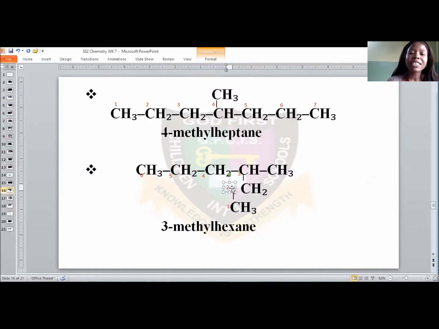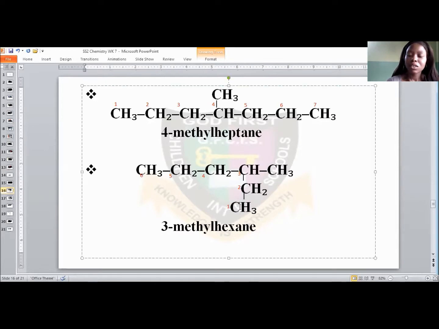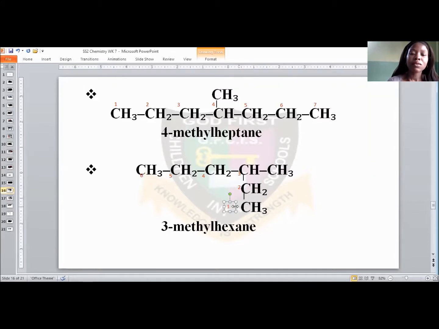The proper thing is that the carbon must be attached to carbon, not anything else. Carbon to carbon, because the bond is between carbon and carbon. So I have this. Just a moment. Good. So look at this now.